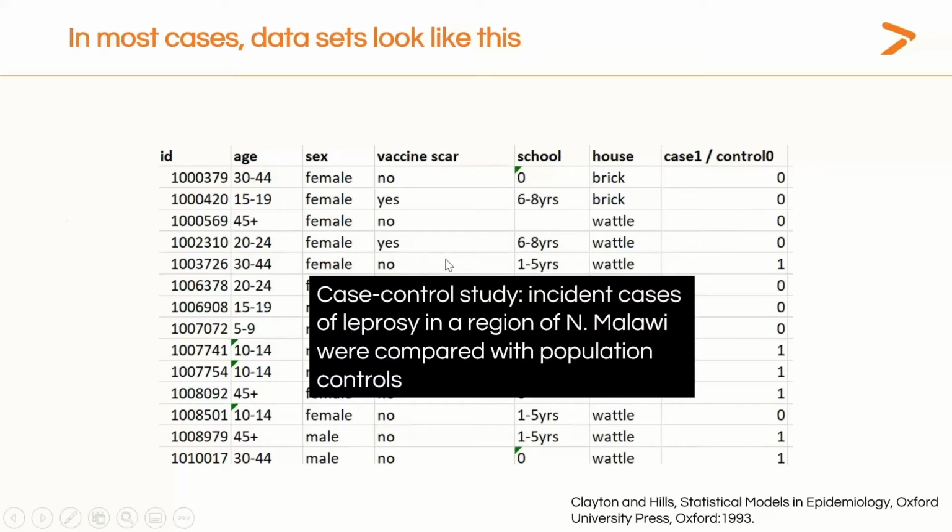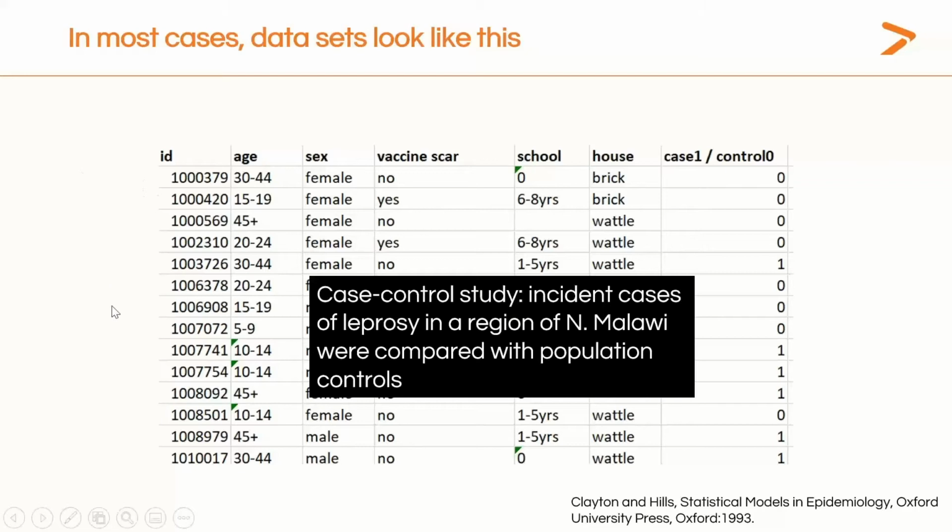So this is a case control study where incident cases of leprosy in a region of northern Malawi were compared with population controls. This means that we have a group of patients suffering from leprosy, which we compared to a similar group of healthy people.